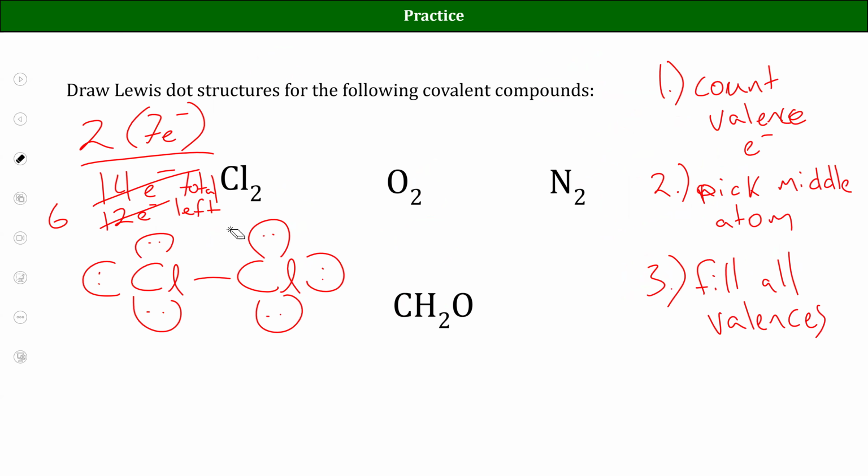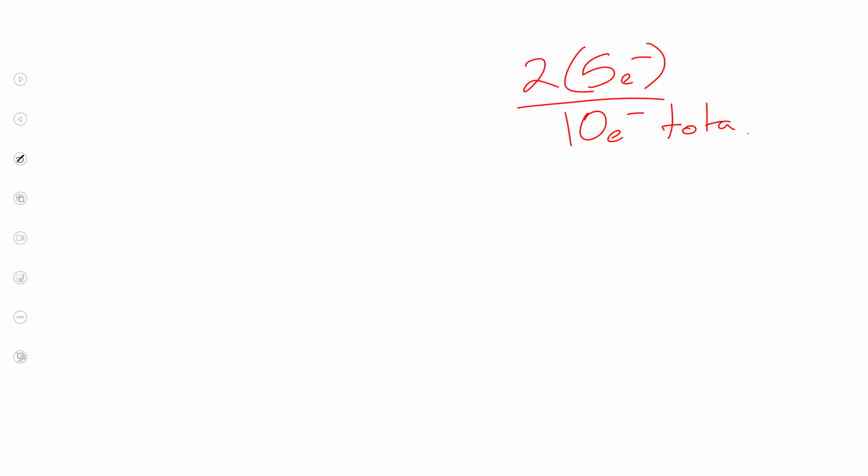What's nitrogen going to look like? 5 valence electrons times 2. 10 electrons total. Valence electrons total. How many electrons did I just use? 2.